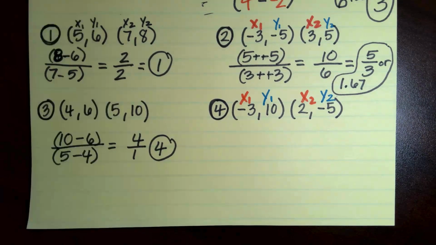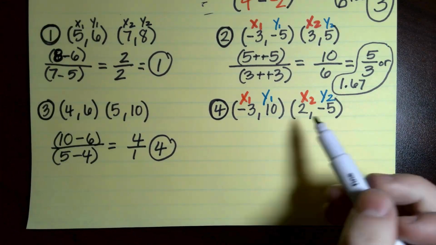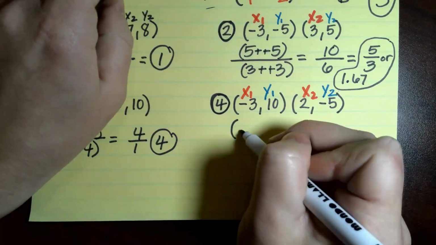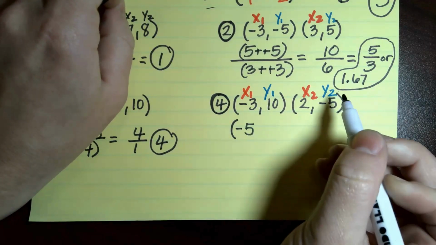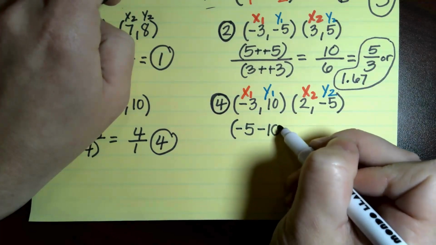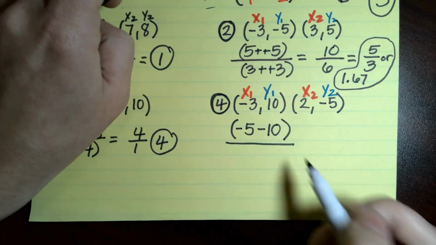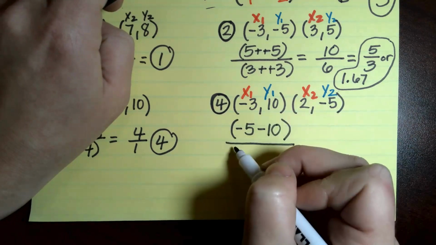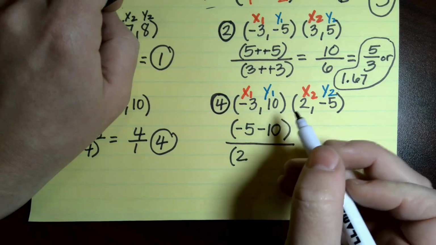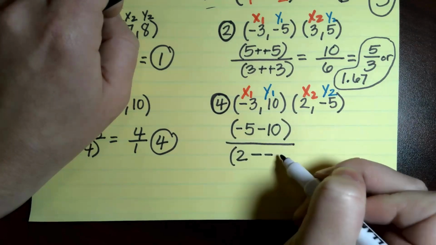Okay, so remember we put our y's on top, so we're going to do y2, negative 5, minus y1, which is 10, over x2, which is 2, minus x1, negative 3.